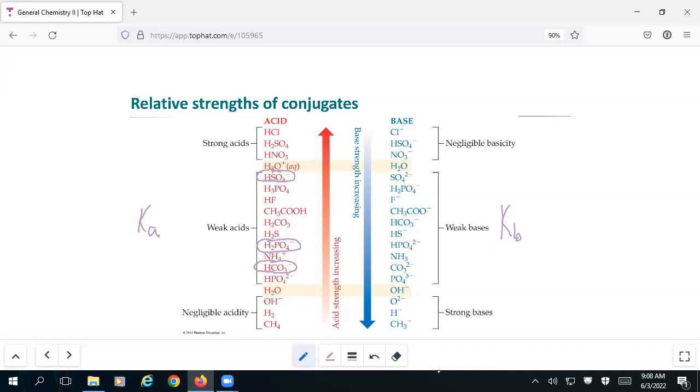That one is a one-way street. But that second conversion between the hydrogen sulfate ion and the sulfate ion, that one's actually a reversible reaction. And we're going to be able to track it, monitor it, calculate with it using an equilibrium constant.